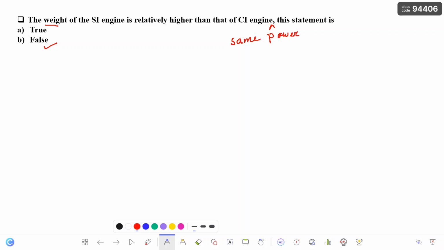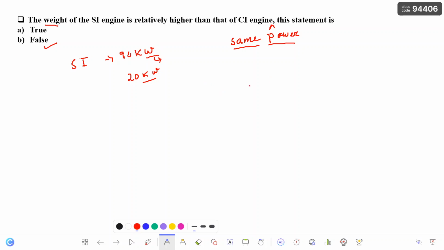Because if some SI engine is generating a power of, let us say, 90 kilowatt, it will be higher than some CI engine which is around 20 kilowatt. Obviously that weight will be higher. So there needs to be a condition that is same power. When the same power is there, then the CI engine is heavier.